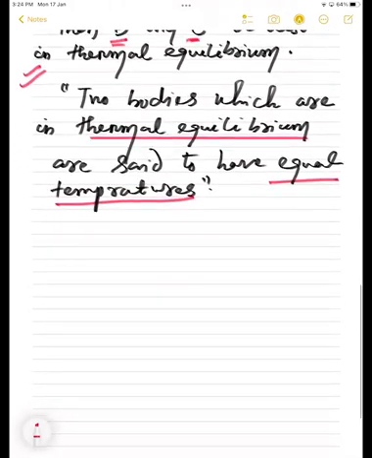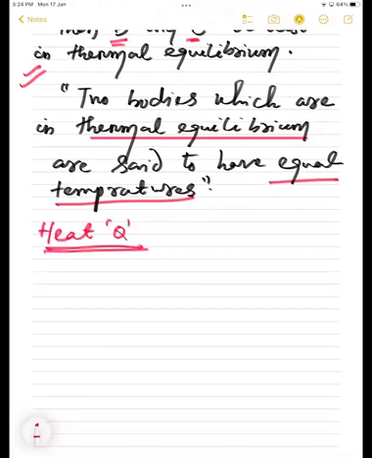Heading: heat, so that we can relate them in the first law of thermodynamics. Students, what is heat?